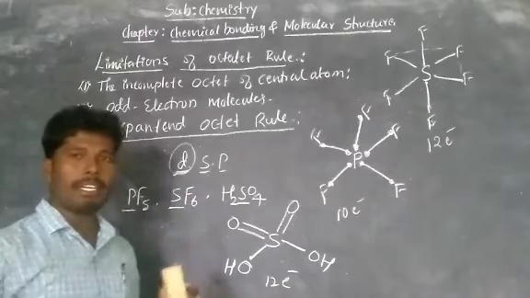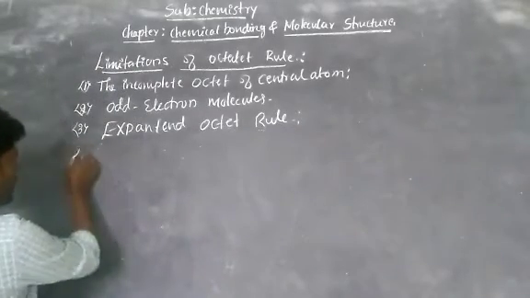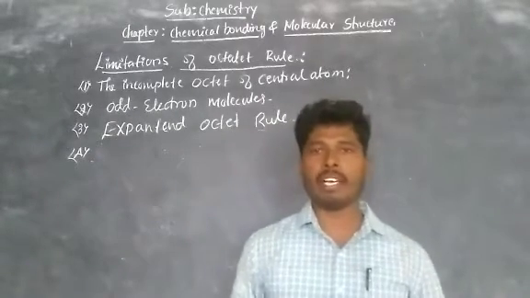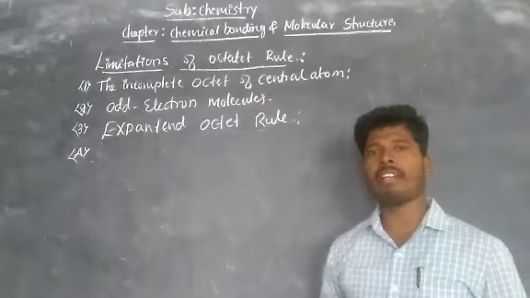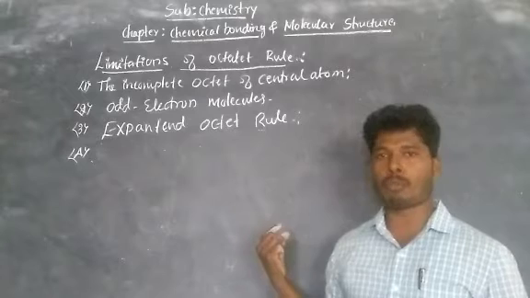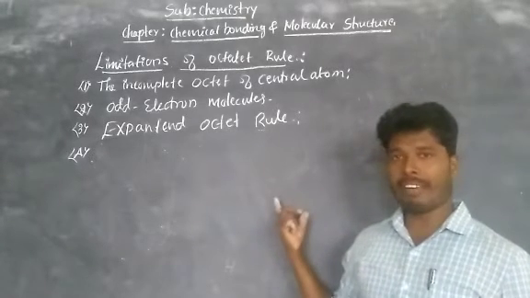Then the fourth limitation is that the octet rule is based on the inertness of noble gases. However, some noble gases like xenon and krypton form compounds with fluorine or some other elements, which the octet rule fails to explain.